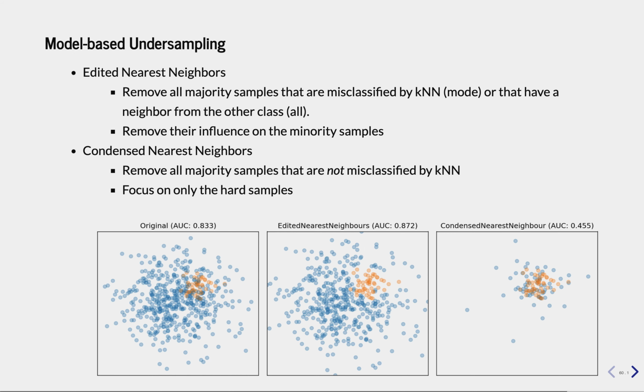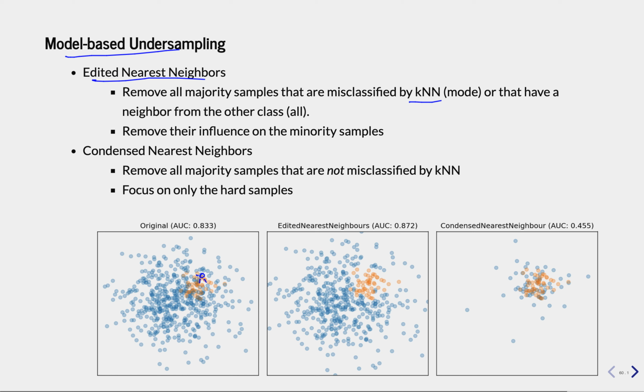Instead of randomly undersampling, you can also use model-based undersampling. So here we use a model to tell us which points to remove. The simplest and most common way of doing this is to use KNN. This is called edited nearest neighbors. So what this does is it takes a blue point and looks at the neighbors.